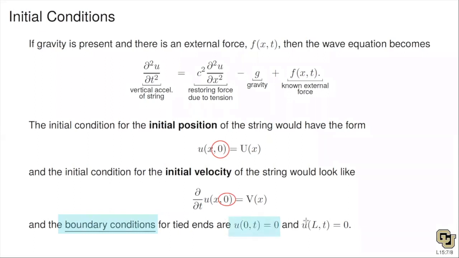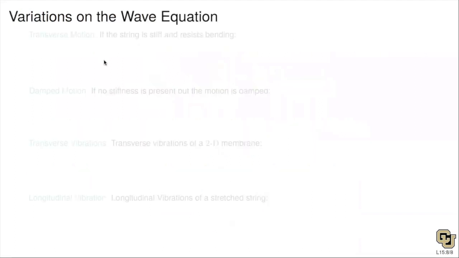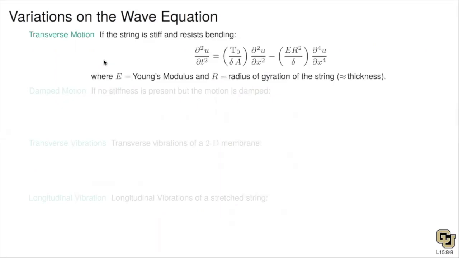That is, the vertical position is fixed at that trivial equilibrium 0 position. So now we have PDE, boundary conditions, and initial conditions. We have a full problem. So here are some variations that I guess I can talk about next time.